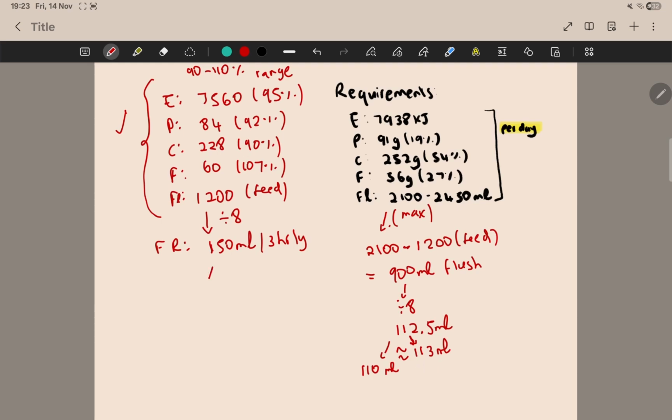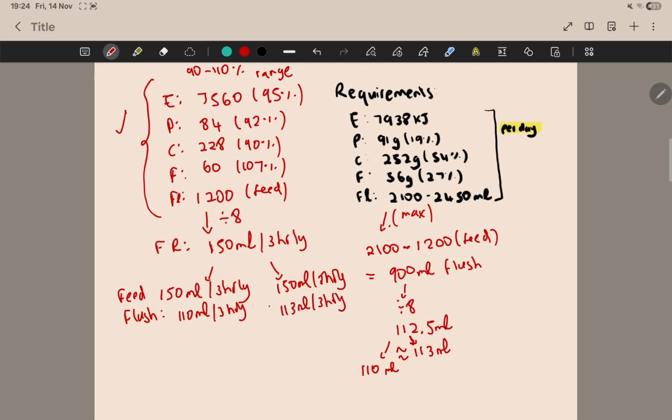So we're going to feed at 150 mL 3-hourly, and the flush is going to be 110 mL 3-hourly, or 150 mL 3-hourly feed and flush of 113 mL 3-hourly. So that's how you do your enteral calculations.